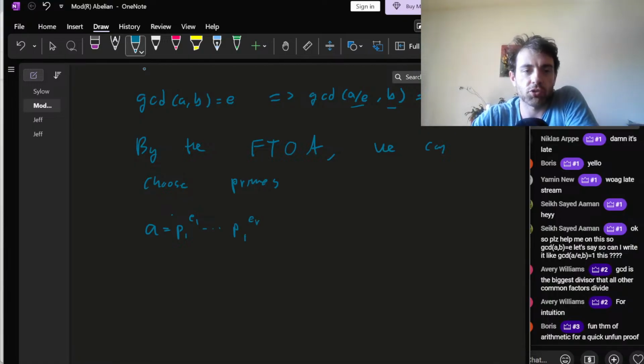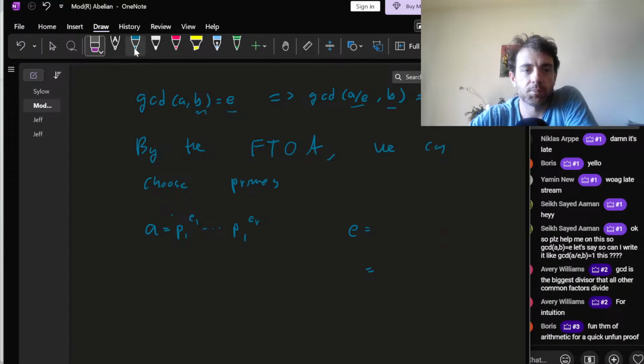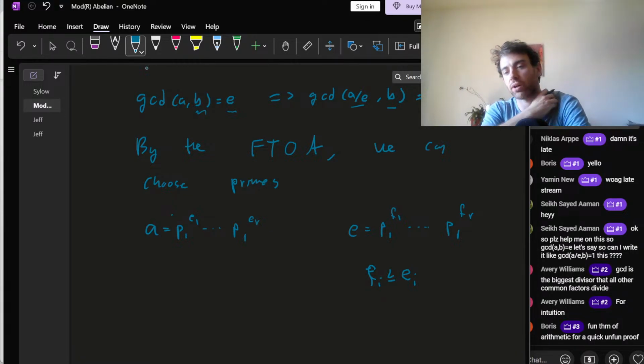You get some prime decomposition, like do the same thing for B and E, and then you also factor E into these primes, right? F1, Q, S. Right, but then you basically argue that, well, actually, because E divides A, then you know that you can write E in the form where it's the same primes, and then, of course, Fi is at most the value of Ei, right?